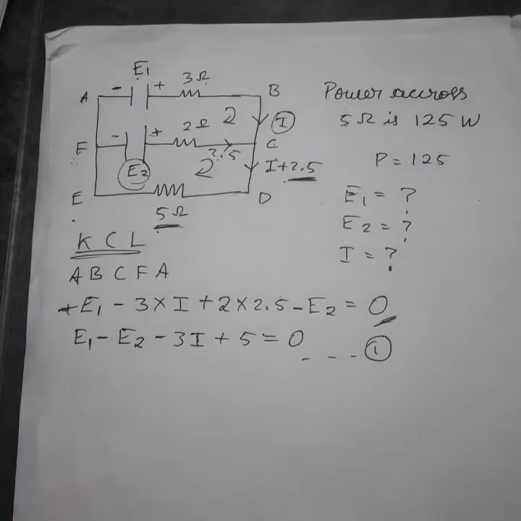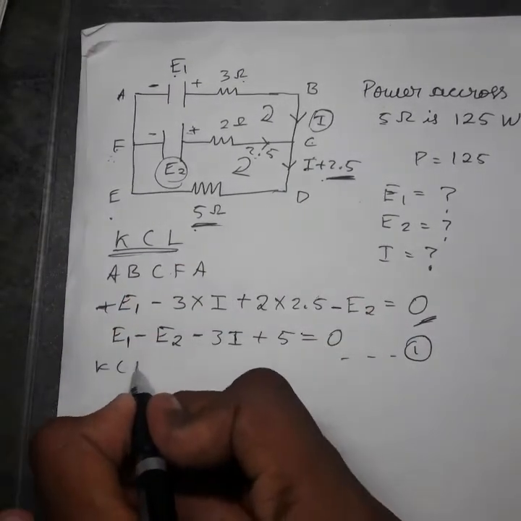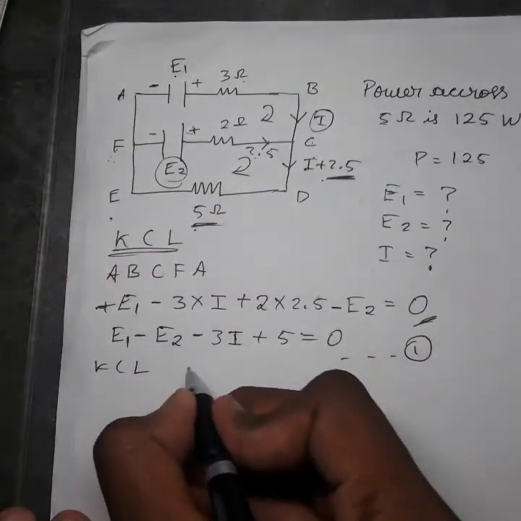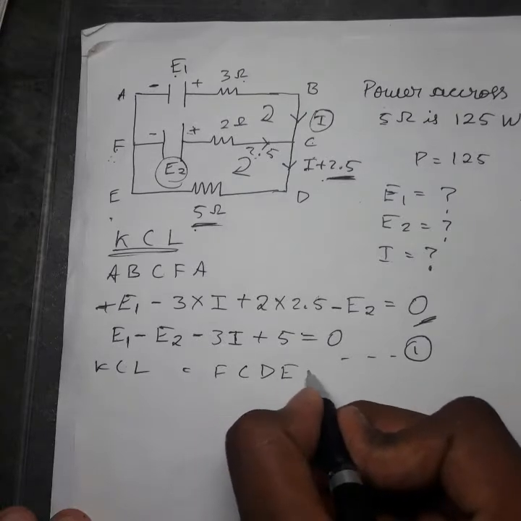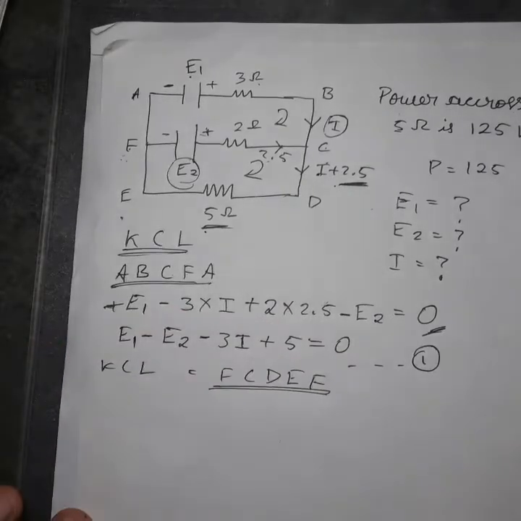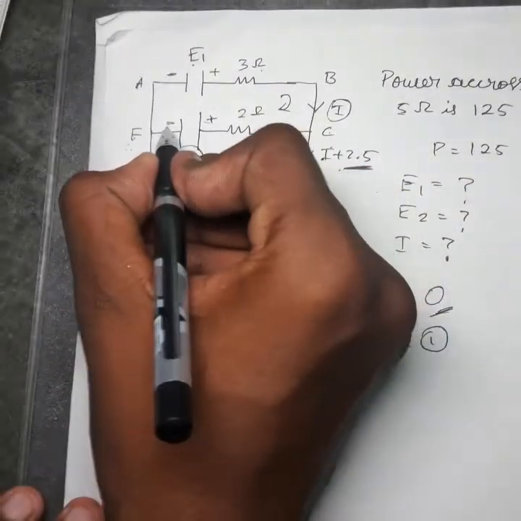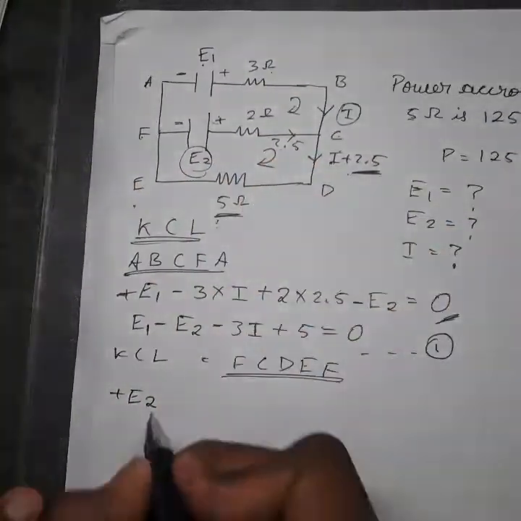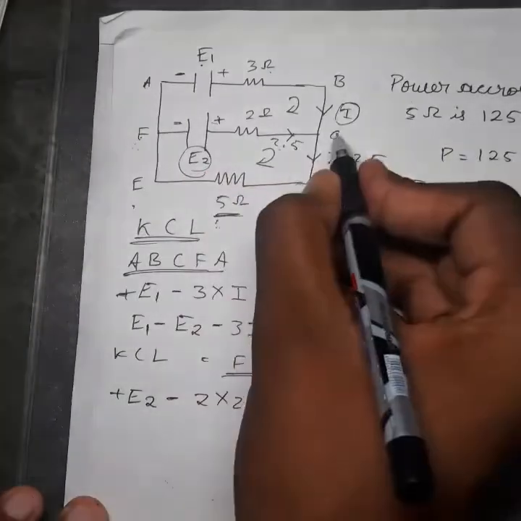This would be my first equation, and then I am going to apply the same KCL across F, C, D, E, F. That is, F, C, D, E, F forms a closed loop. From F to C, I am going from minus to plus, hence I will take it as plus E2, and I am going in the direction of the current, hence it is minus 2 into 2.5.